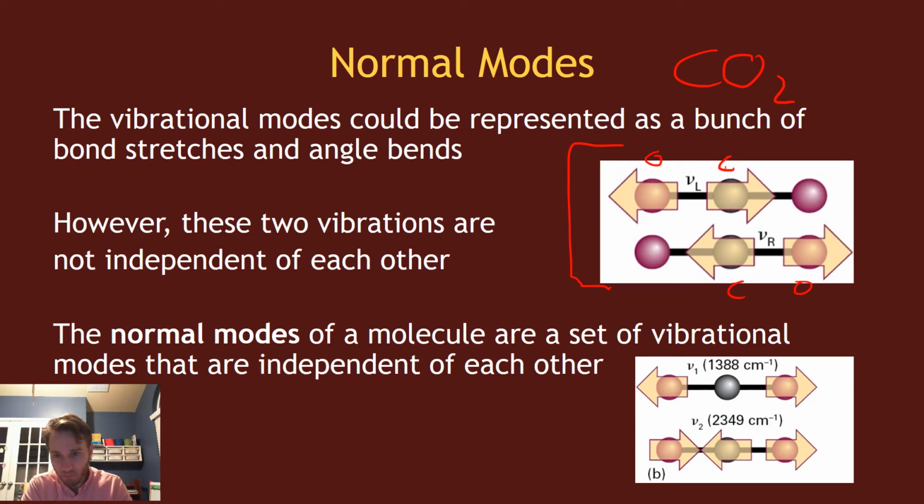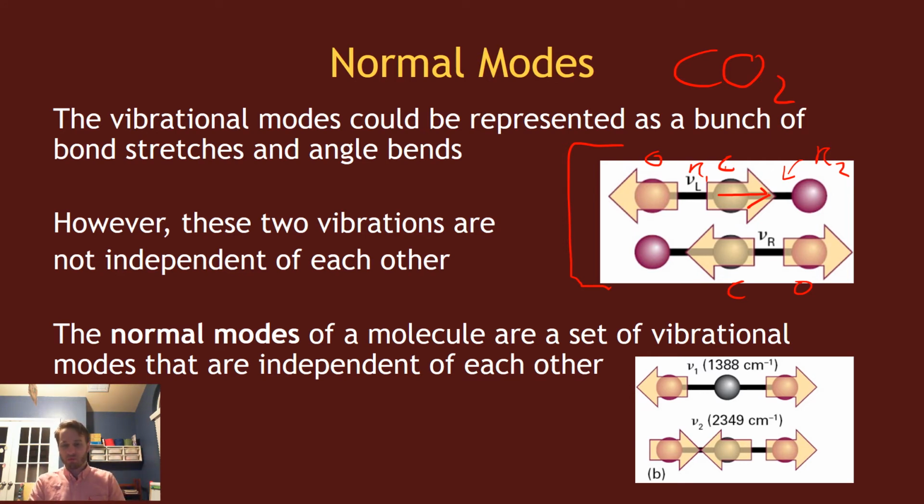But when I do this vibration, I'm going to move the carbon to the right, which is going to change the bond distance. I'll call it R2 here, and this is R1. The bond distance R2 will change due to enhancing or reducing the amount of vibration in that left bond.